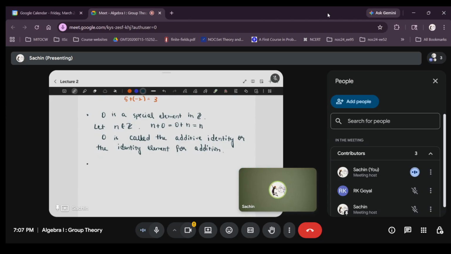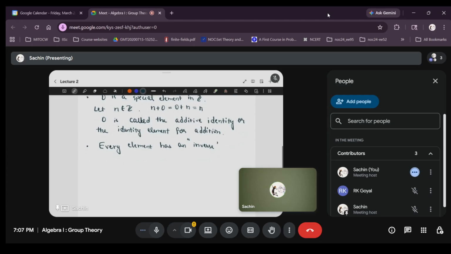Then the third important thing about the set of integers is that every element has an inverse element. And what we mean by an inverse is, given some element, let's say 5, there is some element such that when you add those two elements, you get back the identity element, which is 0.